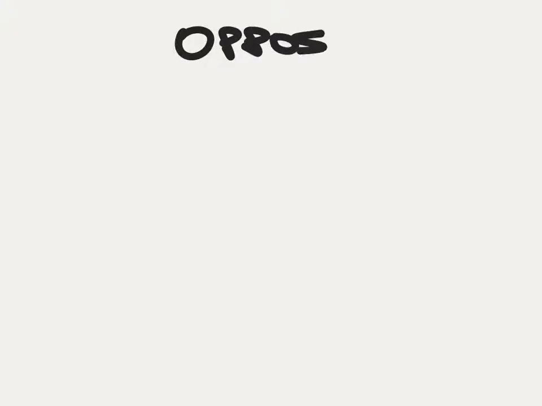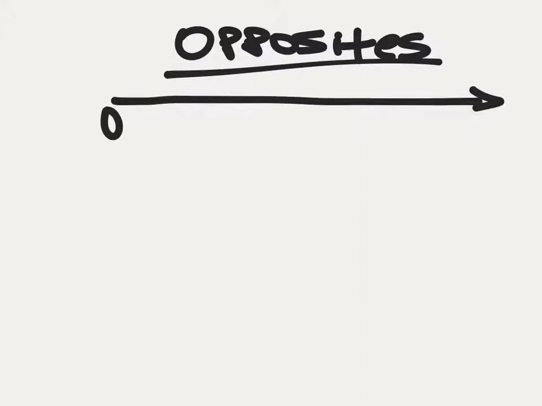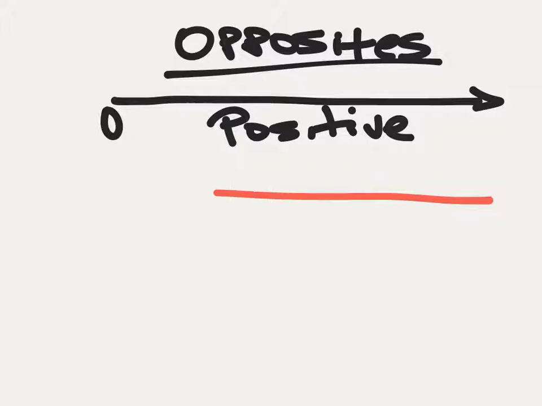The entire discussion was about opposites. We know that right of 0 on the number line are the positive numbers, and that left of 0 on the number line are the negative numbers.